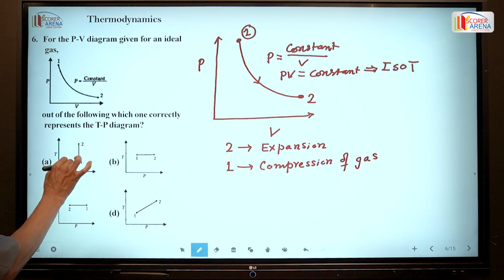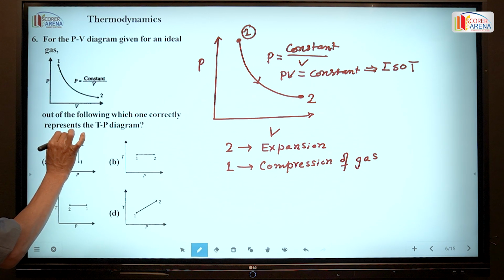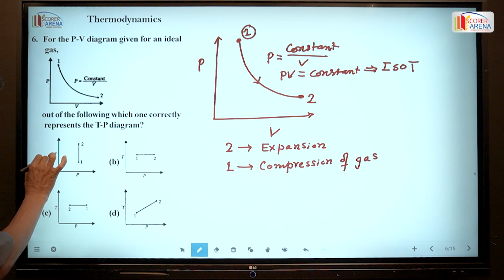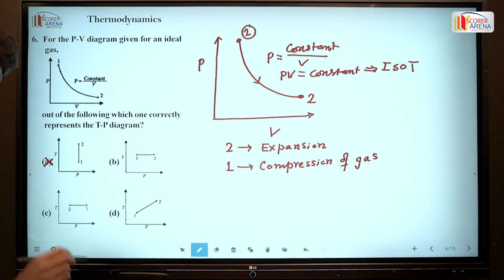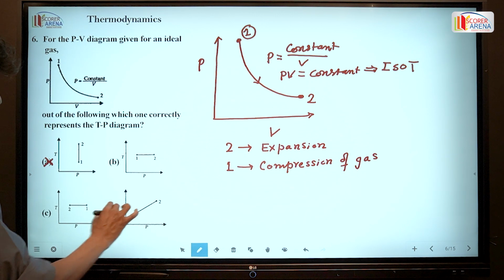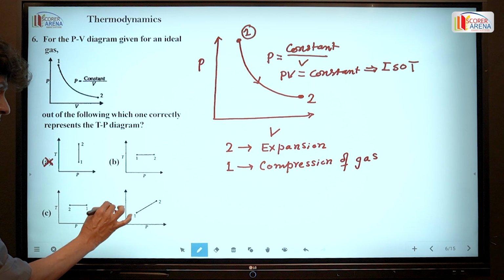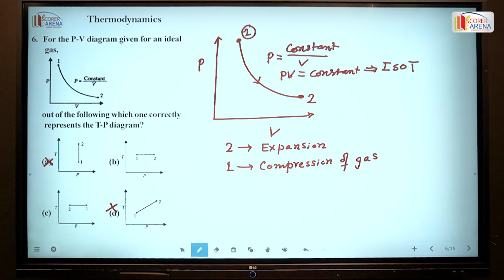Here a line parallel to the temperature axis represents temperature changes. So option A is not the correct option. And option D, it is also pressure and temperature changing linearly. This is also not true, because the process is isothermal, that is temperature constant. So immediately after going through the options, we can say A and D are not the correct answer.